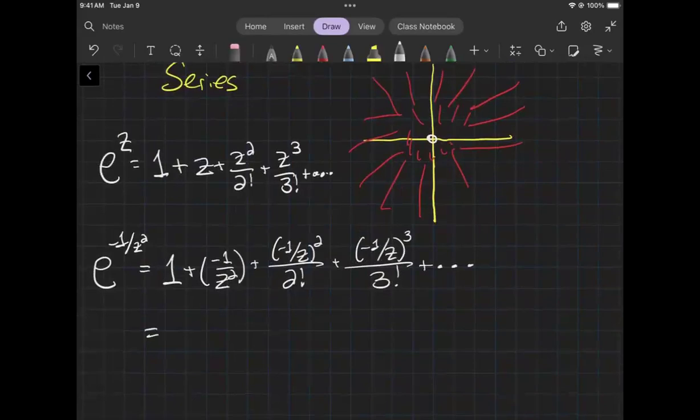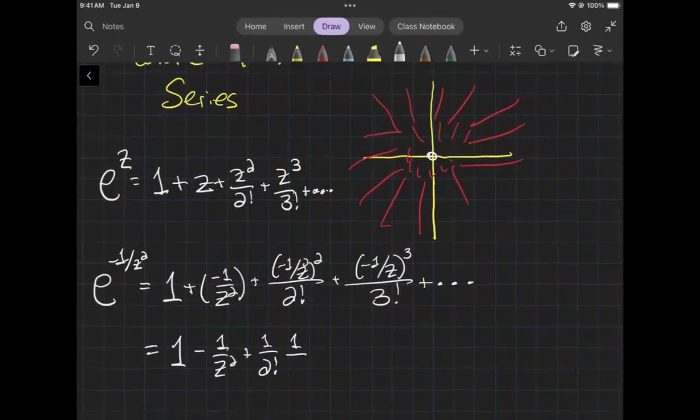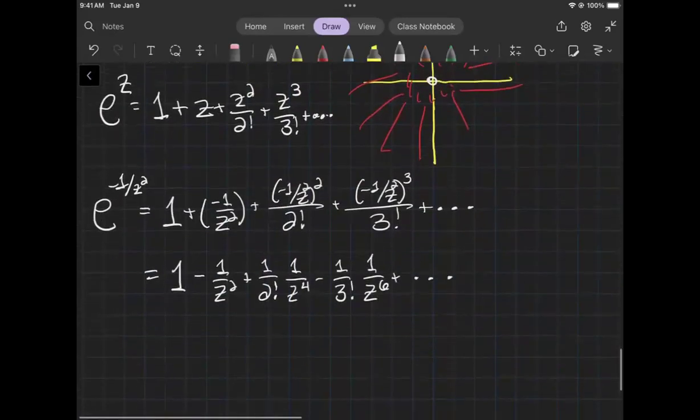And so this series would equal 1 minus 1 over z squared plus 1 over 2 factorial times 1 over z to the 4th minus 1 over 3 factorial times 1 over z to the 6th, plus, and this keeps going. So this here is a valid Laurent series.